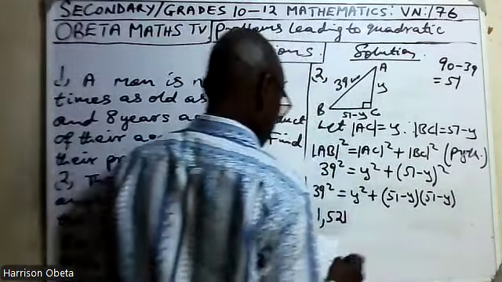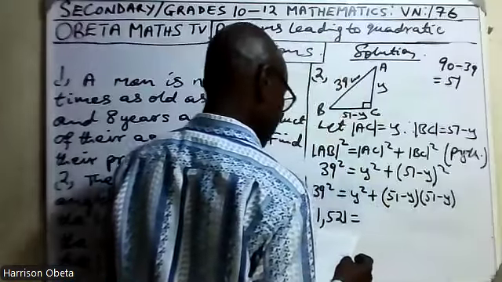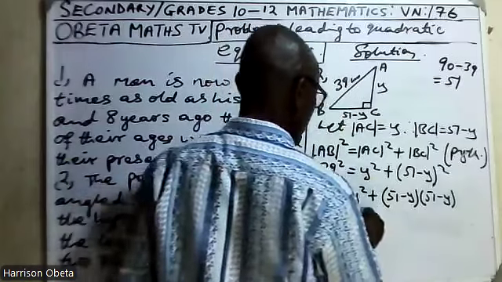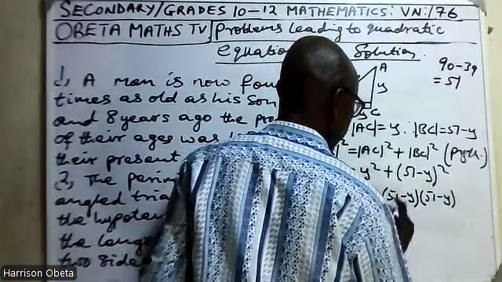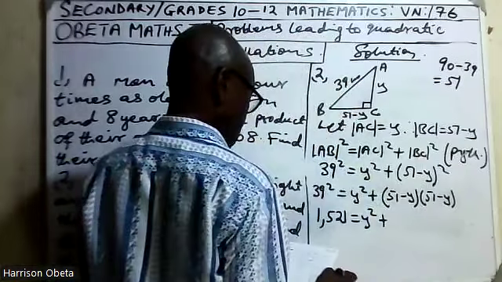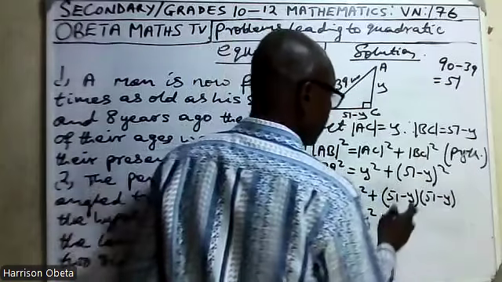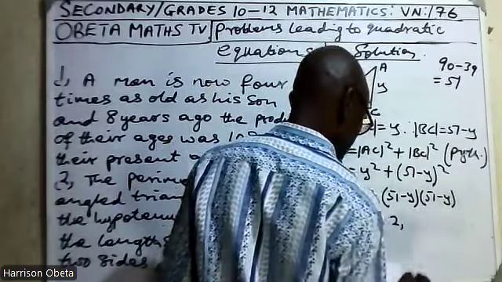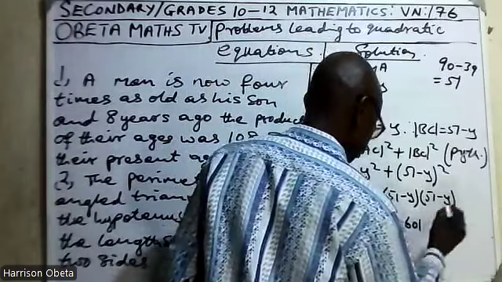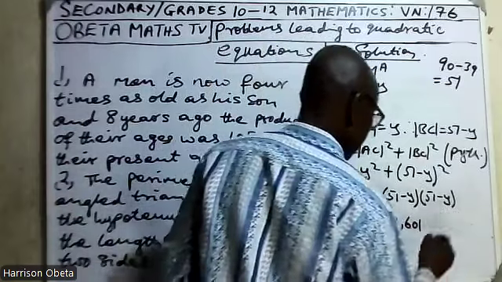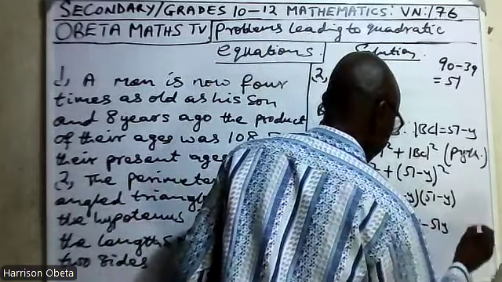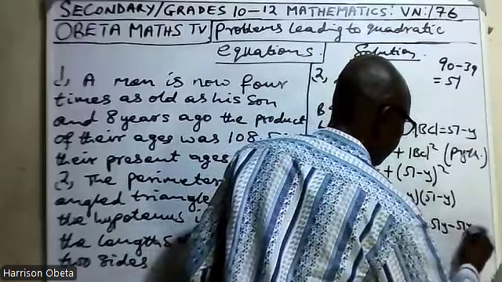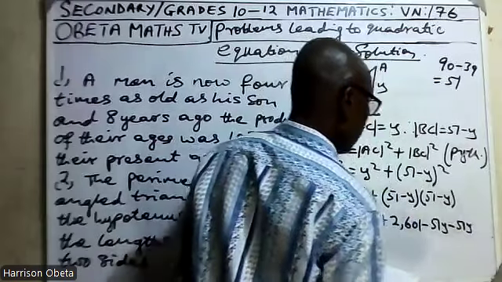1,521, and that is equal to y squared plus, you multiply out, and that will give us this, and this is 2,601 minus 51y minus 51y plus y squared.